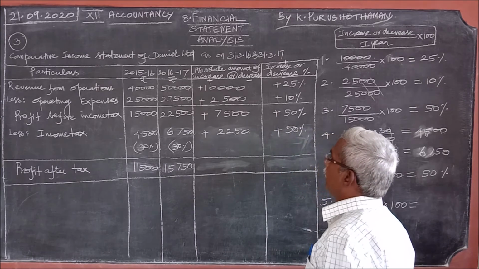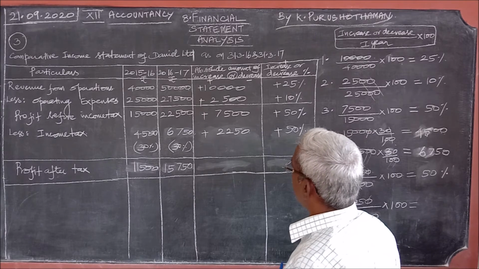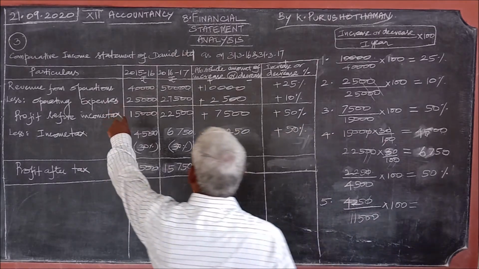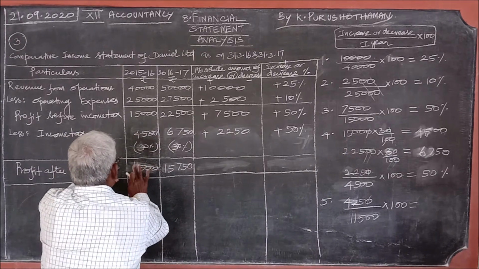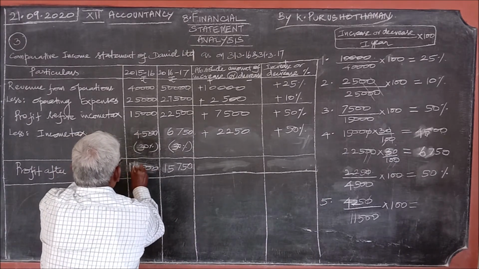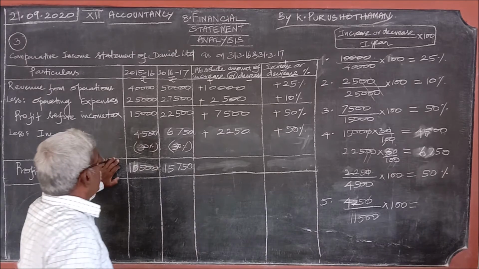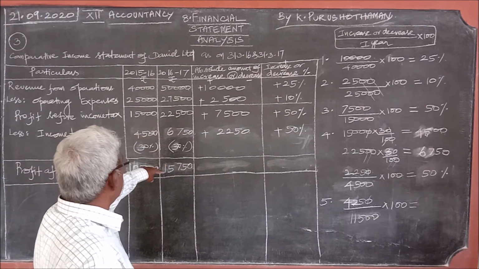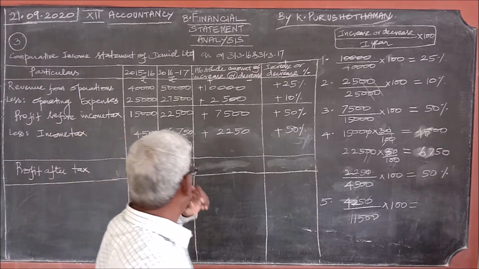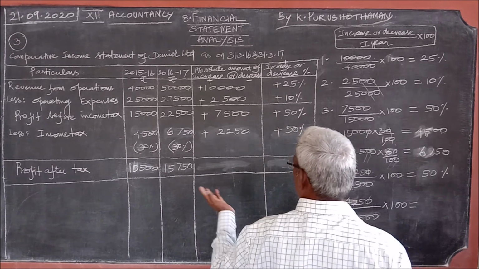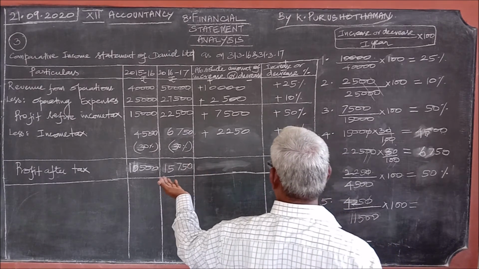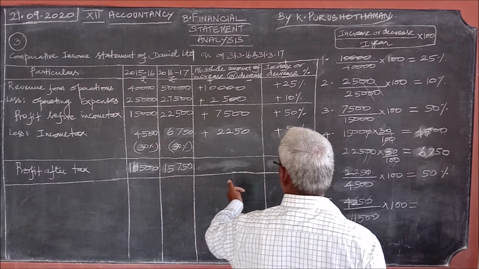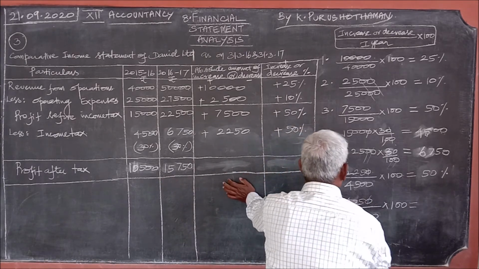Then, after tax, 15,000 minus 4,500, it is 10,500. Small mistake. 10,500. Therefore, 15,750 minus 10,500, it is 5,250.